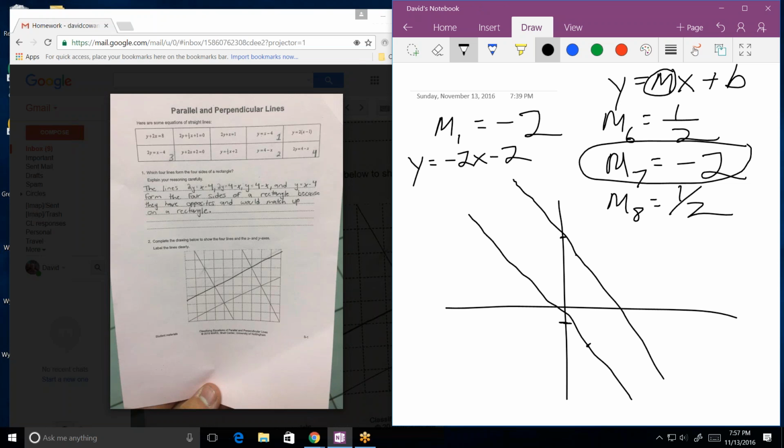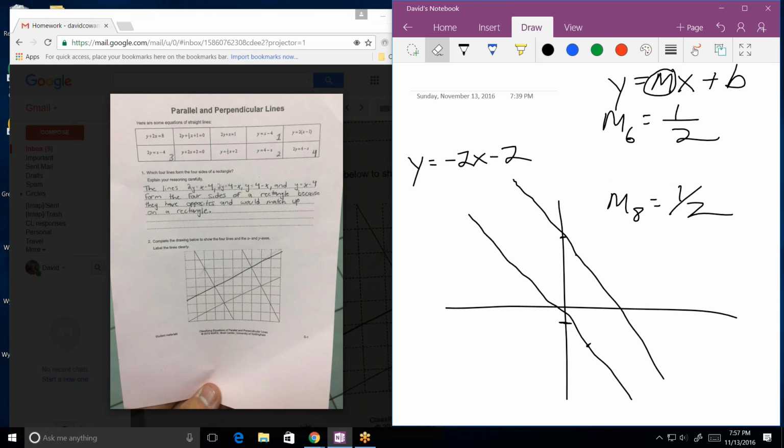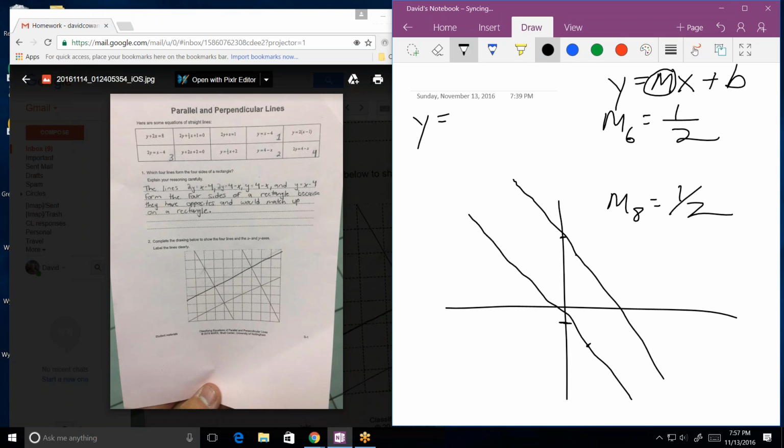Okay, that's relatively close. Now let's examine the other two, M6 and M8. In other words, I've graphed that one and that one. Now, M6, 2y equals x minus 4. How does that read after I put it in mx plus b format?